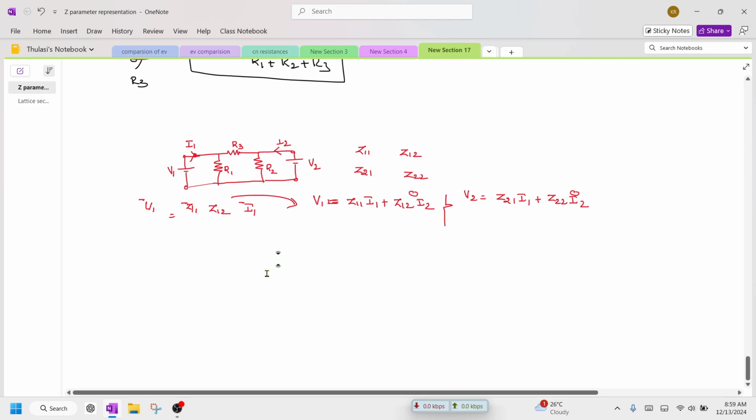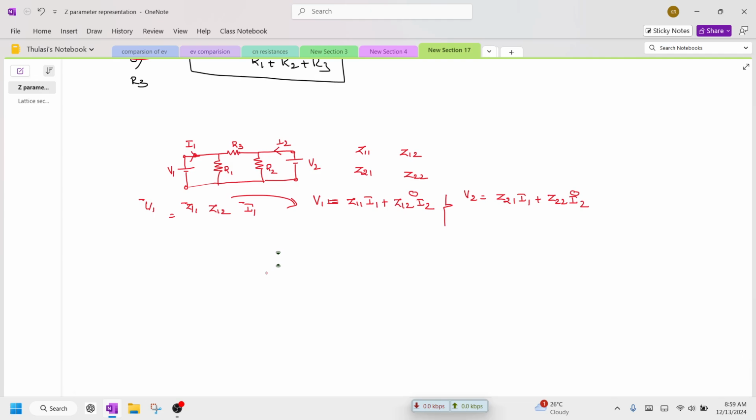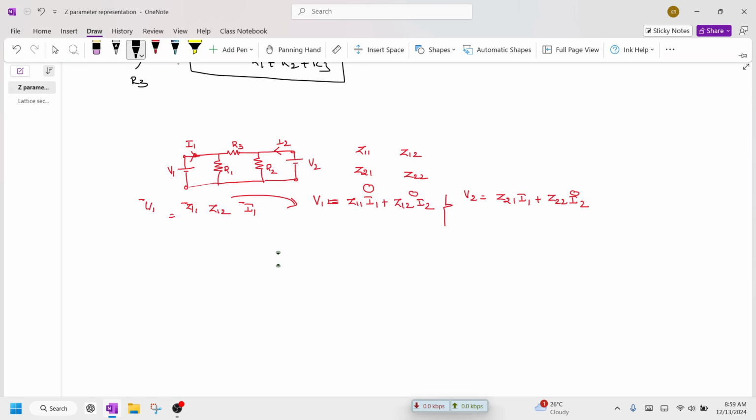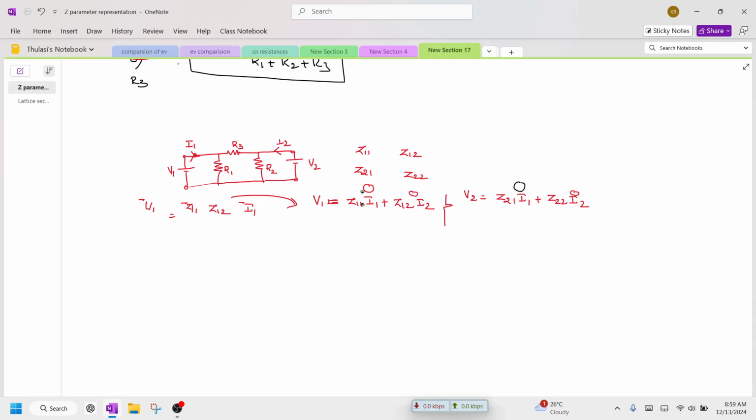So we have this network. Previously we had made I2 as 0. Now in this equation we are making I1 as 0. When you make I1 as 0, automatically you get the remaining two parameters.